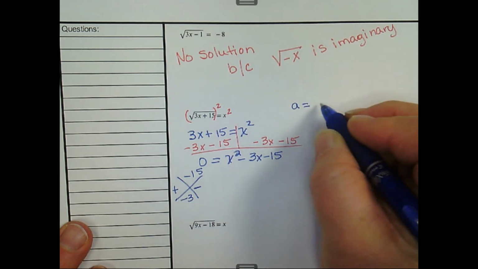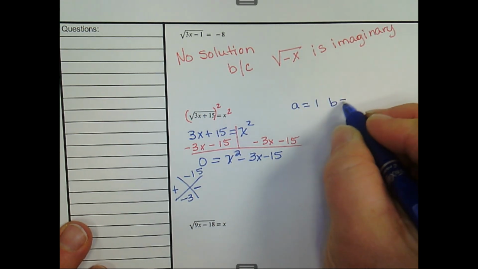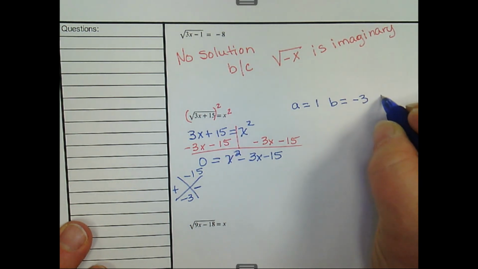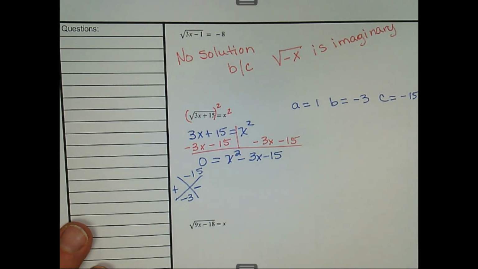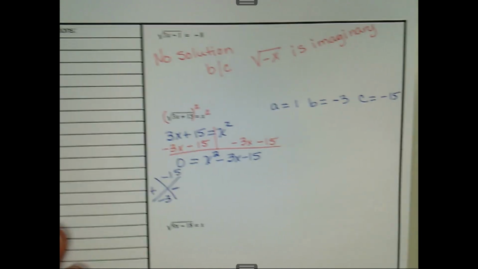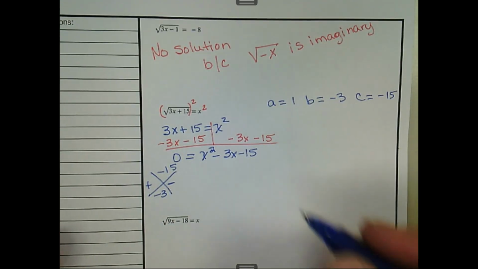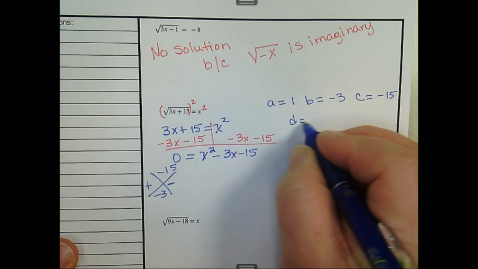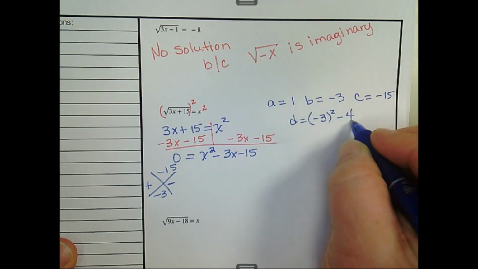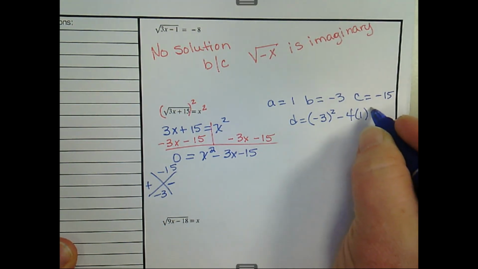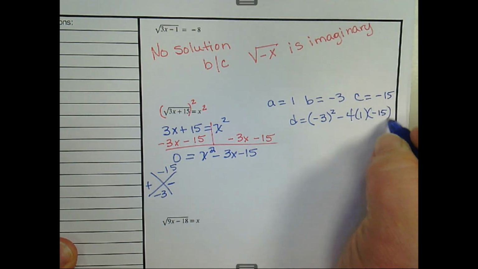A equals 1, B equals negative 3, C equals negative 15. So our discriminant is negative 3 squared minus 4 times 1 times negative 15.